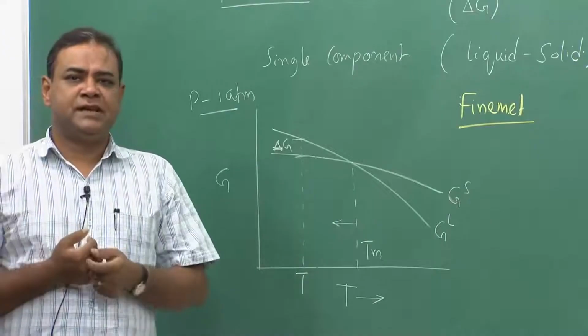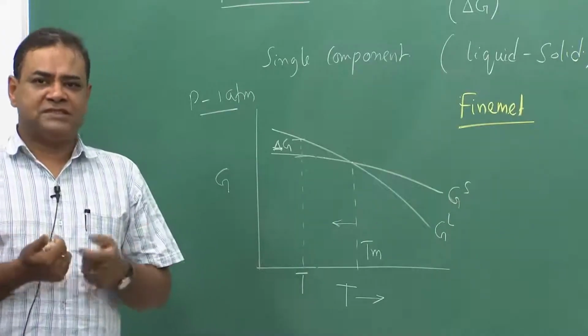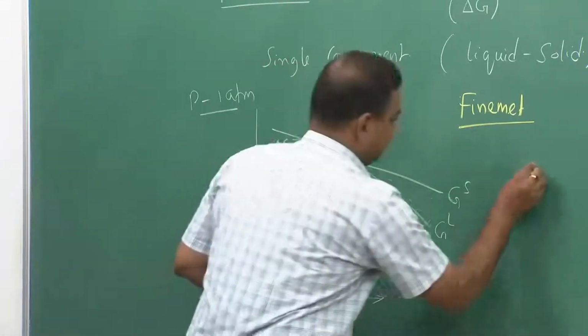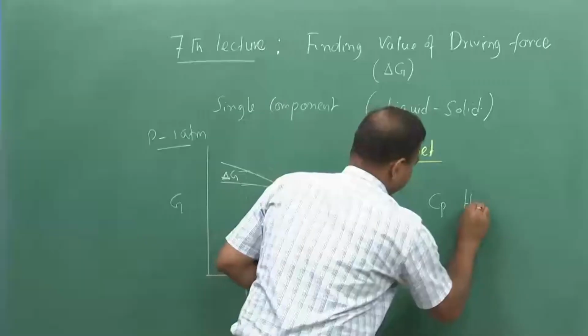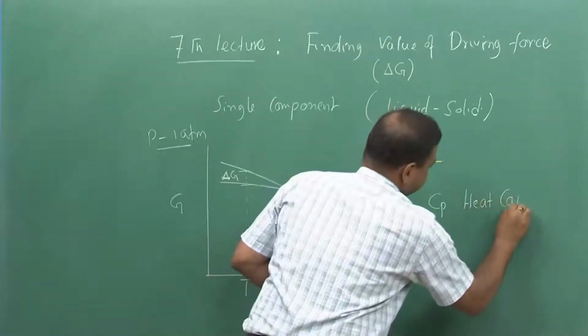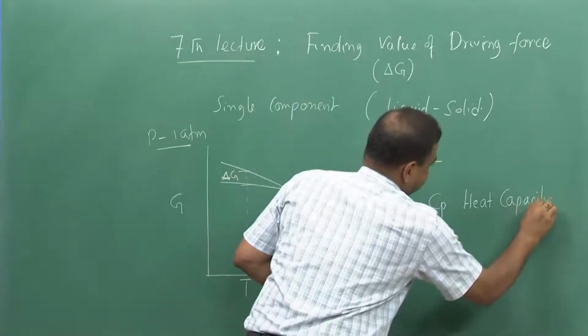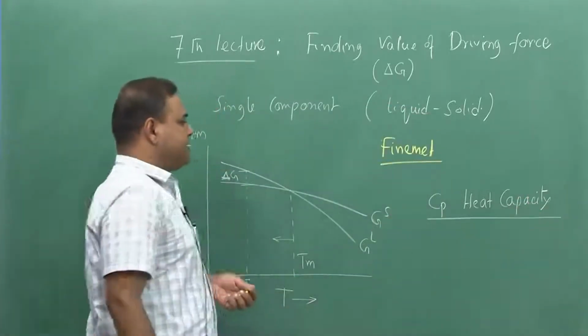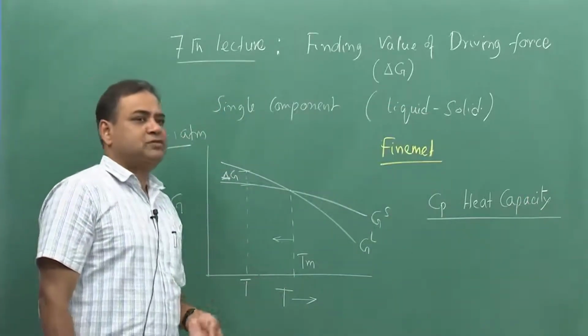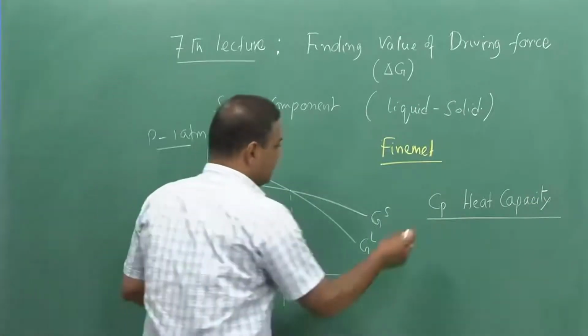As we know, in order to calculate the difference in a state function in thermodynamics like G, S or H, we have one experimentally determined value, which is Cp, the heat capacity.